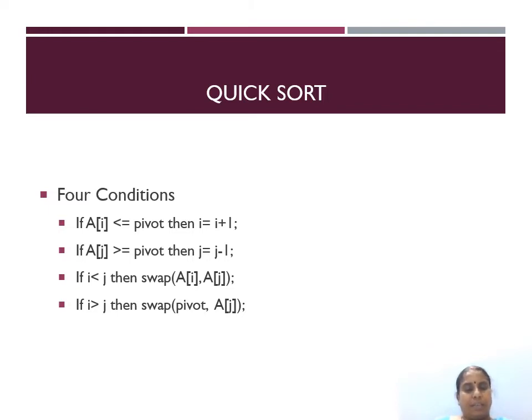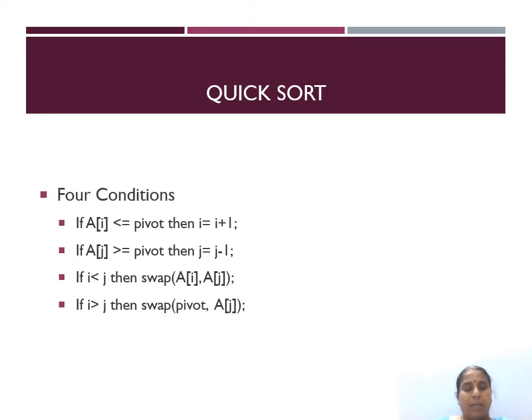If it is lesser, then the elements a of i and a of j are swapped, that is, interchanged. Suppose i is greater than j, then the values will be interchanged between the pivot and a of j. Only in this case do we identify the two halves, or the two subarrays.